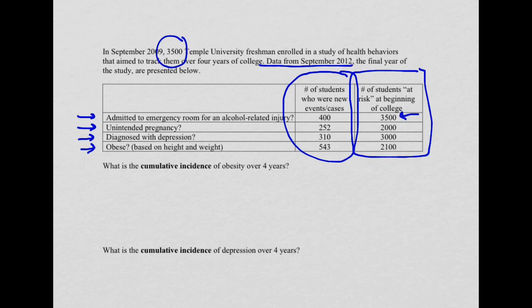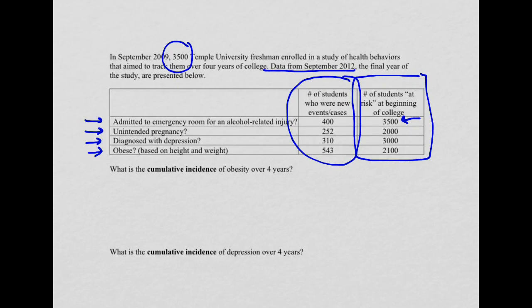However, in our second example, where we're asking about unintended pregnancy, as you might imagine, only the women in the study were at risk of having an unintended pregnancy over college. So our denominator is different; it's not our entire 3,500, it's only our 2,000 women.